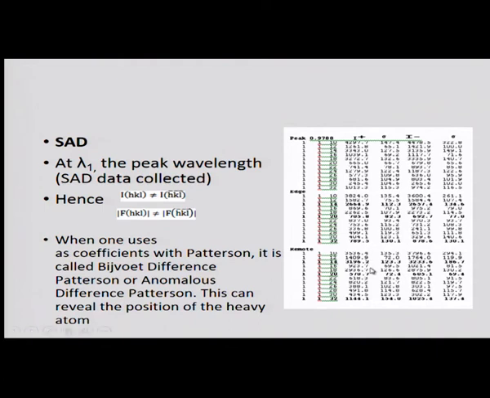I can get the position of the same selenium atom, whether this selenium position, this selenium position are matching, usually it will match. So, this is known as MAD technique, because we are using 3 wavelength, and SAT technique.